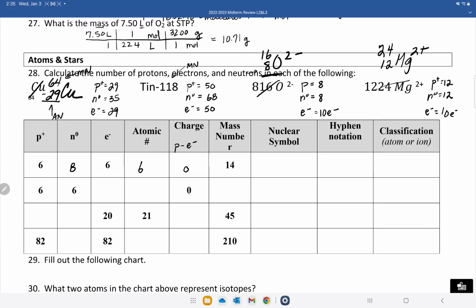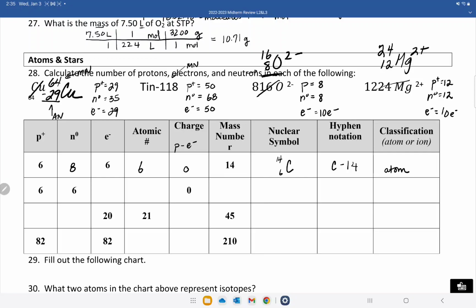Well, it has 6 protons, so that makes it carbon. Atomic number goes on the bottom. Mass number goes on the top. There is no charge, so I don't put anything, and that is done. Hyphen notation is carbon 14, and the classification is an atom because it is neutral. Okay? All right, next one.